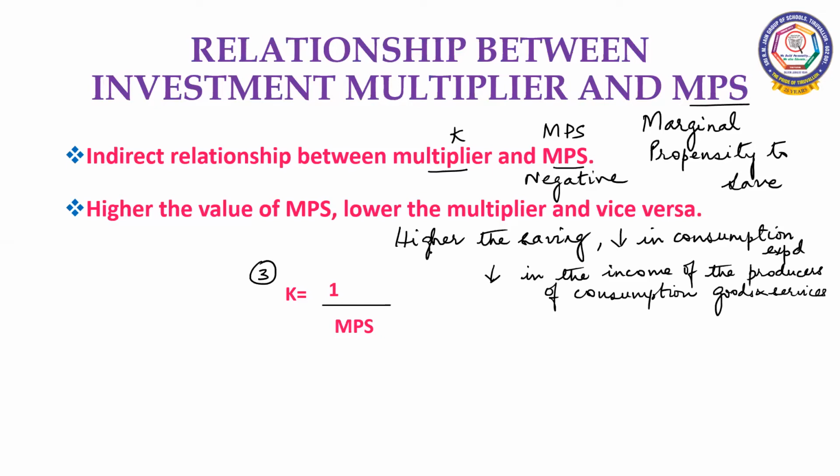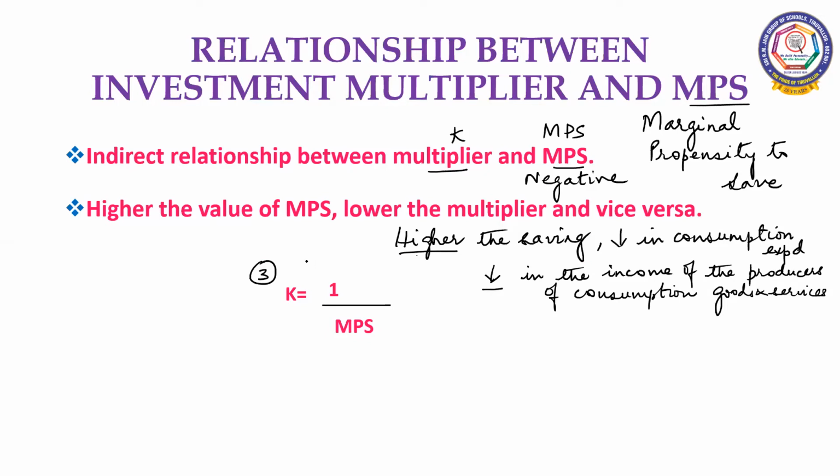Now you can see there's a higher level of saving. Higher the saving, lower is the income. So that is why we say higher the value of MPS, lower the multiplier. And the opposite happens when MPS is low. Lower the value of MPS, higher would be the multiplier.